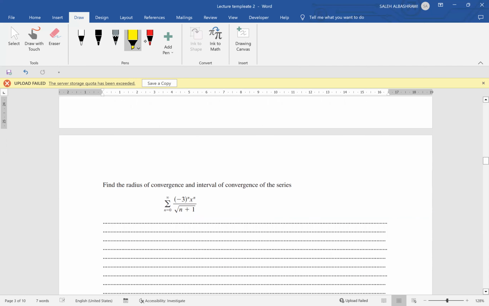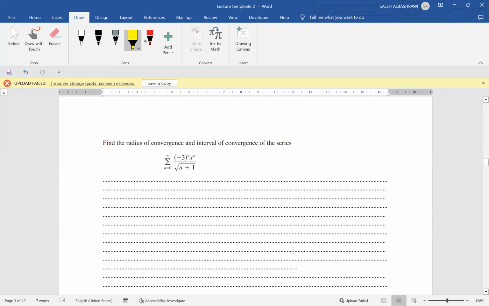Suppose that we have this series and we need to find the radius of convergence and interval of convergence for the given series. I have the sigma from n equals 0 to infinity of (minus 3) to the power n times x to the power n, divided by the square root of n plus 1. Now, to find the radius of convergence and also the interval of convergence, we need to apply the ratio test.